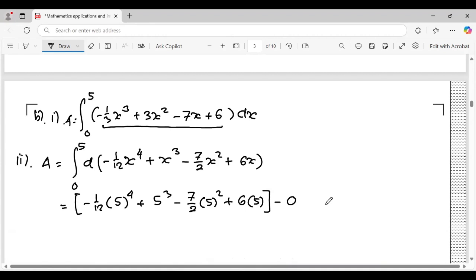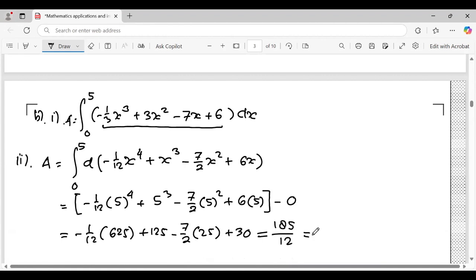And if you calculate, the result will be minus 1 over 12 times 625 plus 125, minus 7 half times 25, plus 30, minus 0, and it equals 185 over 12, which is 15.4166, rounded off, 15.4 centimeters squared.